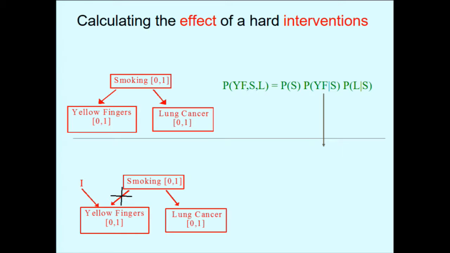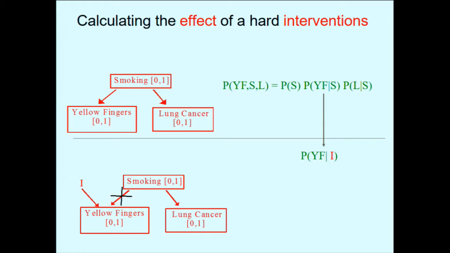Any ideas? Yeah. Remove what? Right here. That's correct. And what do I replace it with? Well, I can't replace it with nothing. So I have to replace it with that, with yellowed fingers given my intervention.